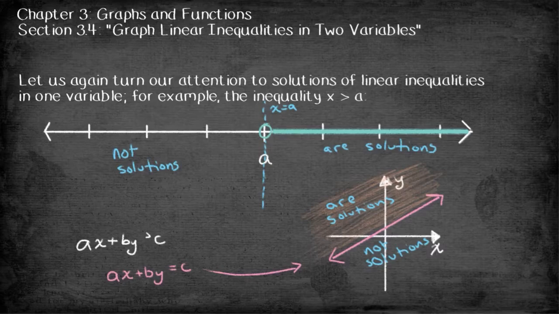And just like with the one variable case, the inequality determines whether or not that dividing point is in the set, so too does the inequality affect whether or not this line is in the set. This line, ax plus by equals c, is aptly called the boundary line because it is the boundary between the solution region and the not solution region.